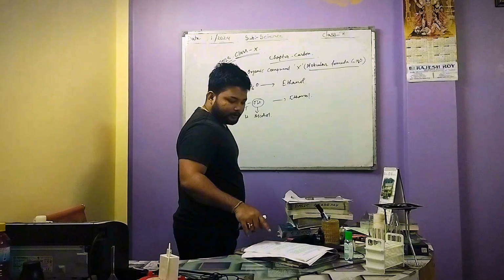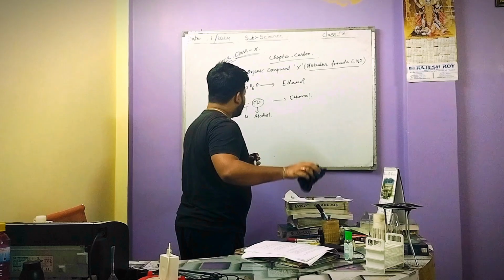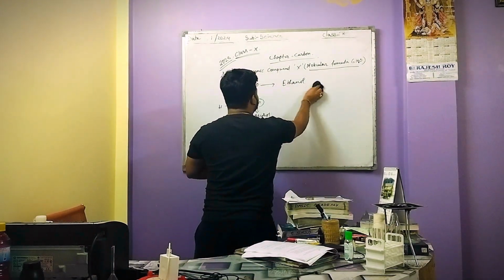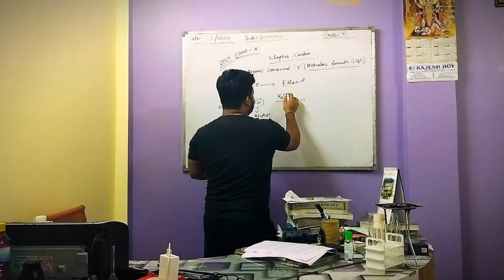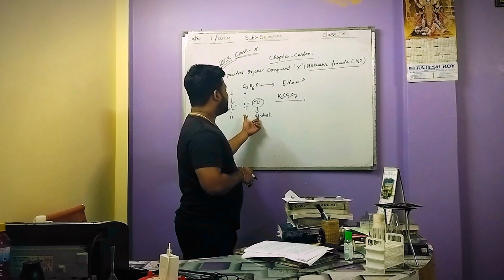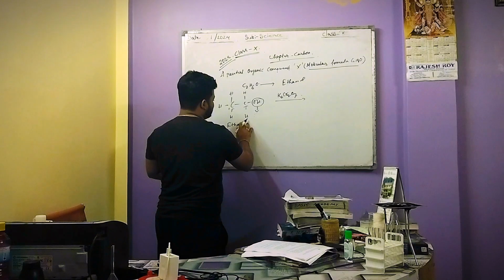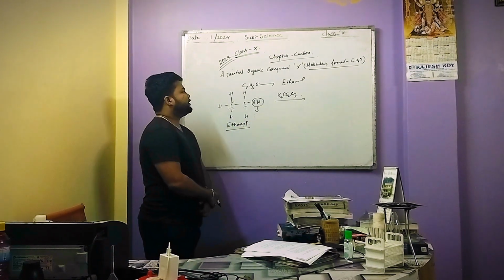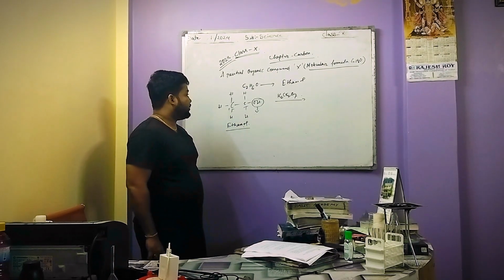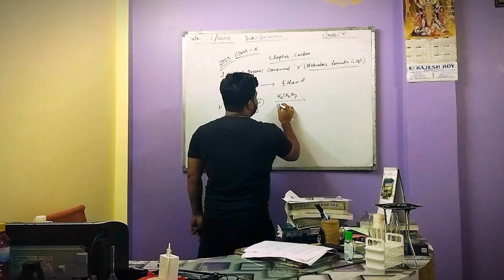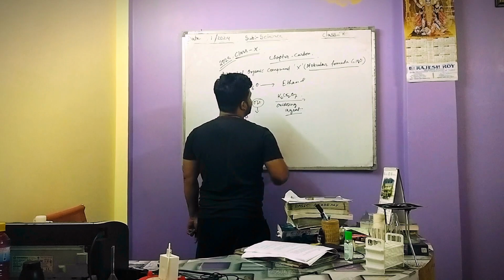Now, while ethanol reacts with acidified K2Cr2O7, it has to react with K2Cr2O7. Let's see what reaction happens if we react ethanol in the presence of K2Cr2O7. This is an oxidizing agent. And what is the property of an oxidizing agent?